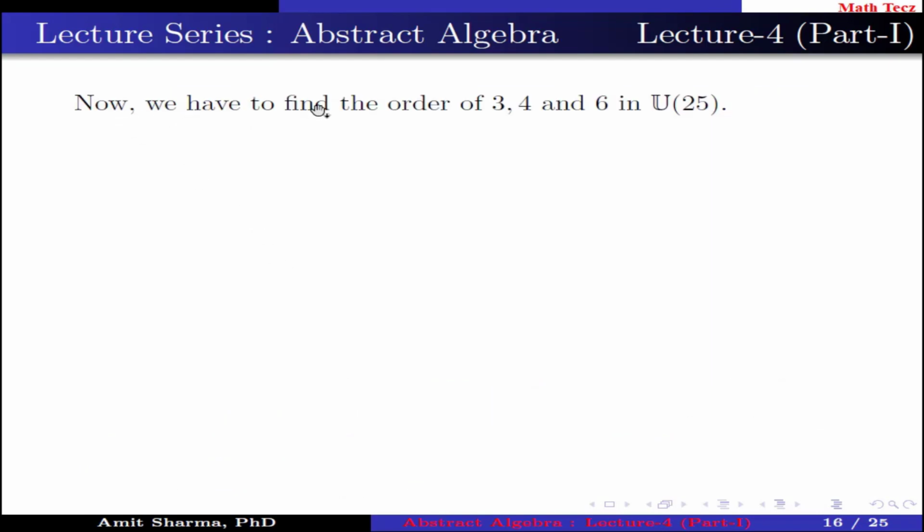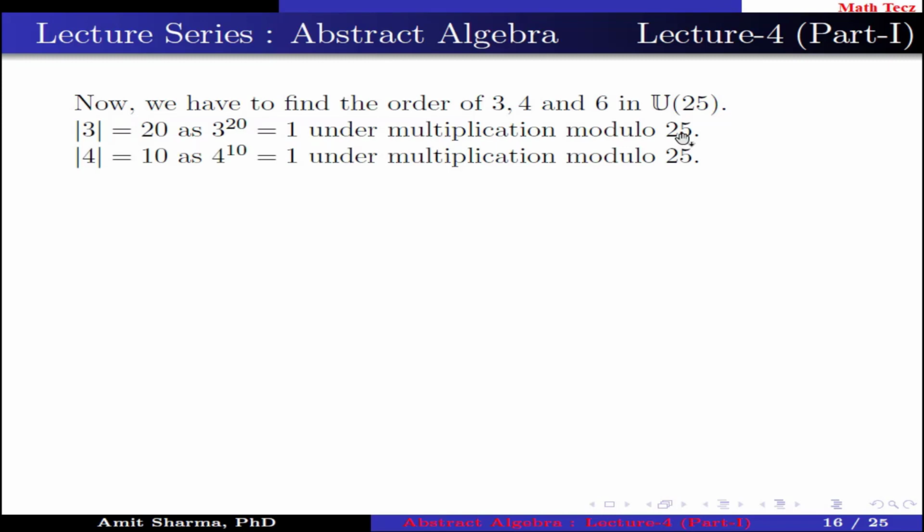Now, we have to find the order of 3, 4 and 6 in U25. Order of 3 is 20, as 3 raised to the power 20 is 1 under multiplication modulo 25. Order of 4 is 10, as 4 raised to the power 10 is 1 under multiplication modulo 25.